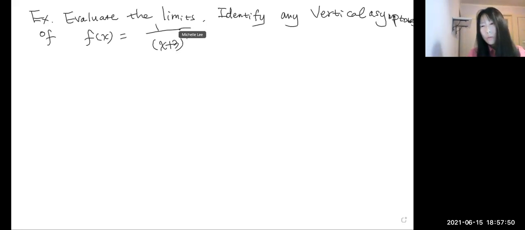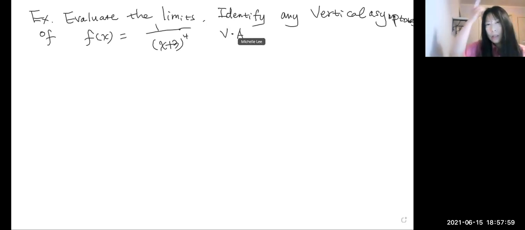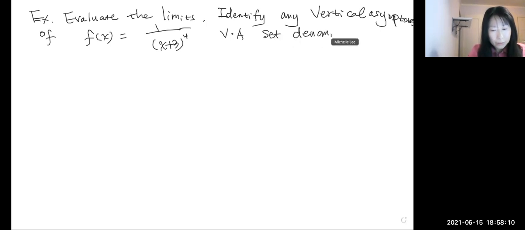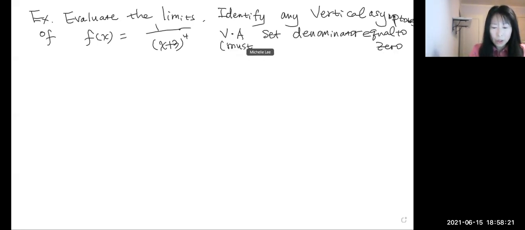All right. Does anyone remember how to find the vertical asymptote from pre-calculus? Let me denote VA, like a vertical asymptote. Set the denominator equal to 0. Excellent. And it must be in lowest term, right?